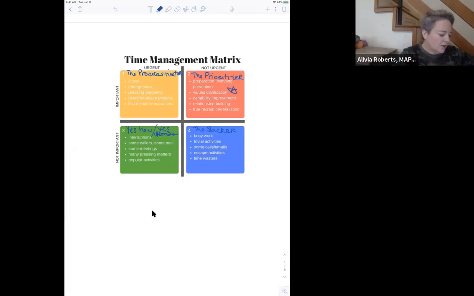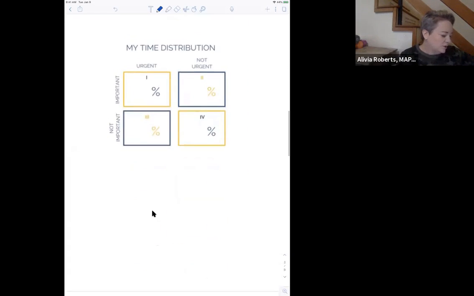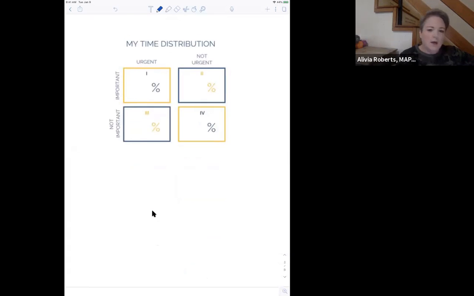So the first thing that you might choose to do is evaluate yourself. So how would we do that? You need to understand the overall concept of this. You also need to know where you are right now. This is going to help you decide which changes you need to make that would impact you the most.